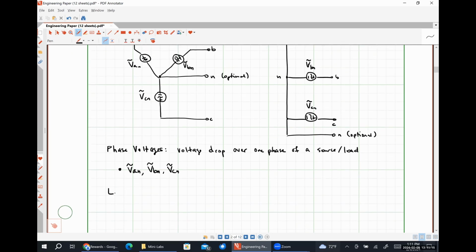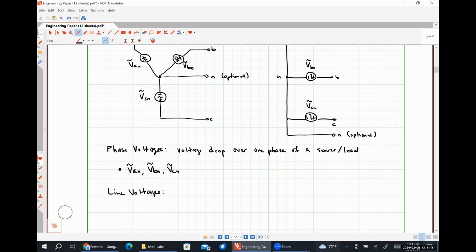Now, another type of voltage that you might hear about in a three-phase system is what's called a line voltage.